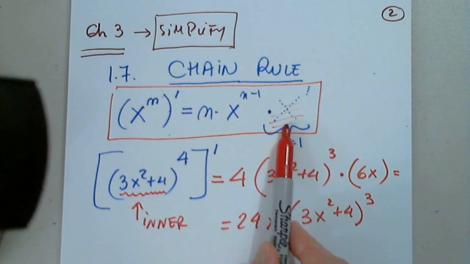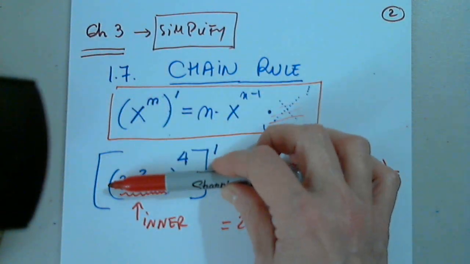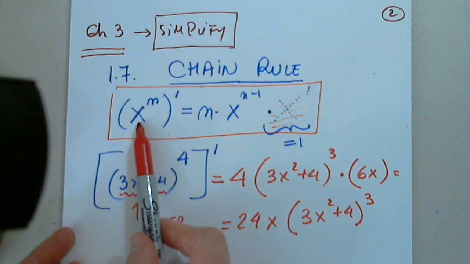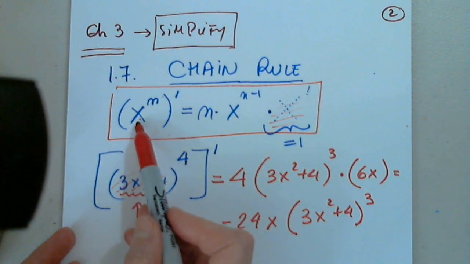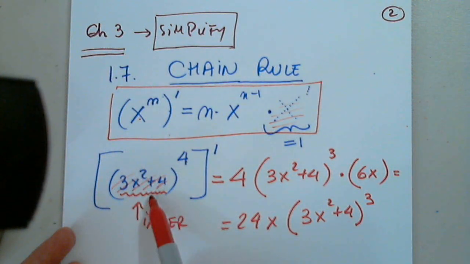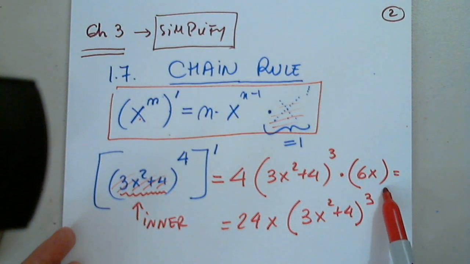I didn't tell you this then, but now I want us to understand the difference. There's only one difference. The inner function is a big deal. It's not plain x. It's a big thing. So then I have to multiply by the derivative of the inner function.